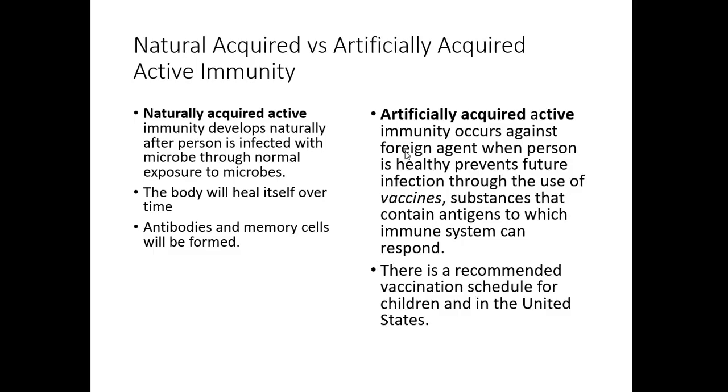And so now you are naturally being exposed to the antigen, and you're naturally producing antibodies. So it is naturally acquired active immunity. You're actively making the antibodies on your own from an antigen that you naturally acquired because of exposures.